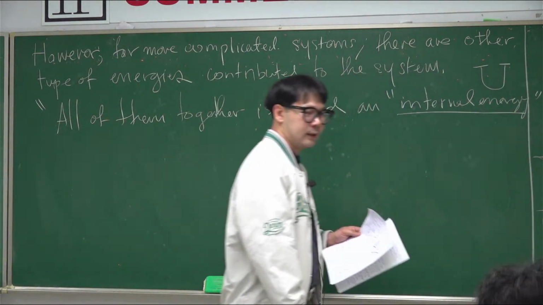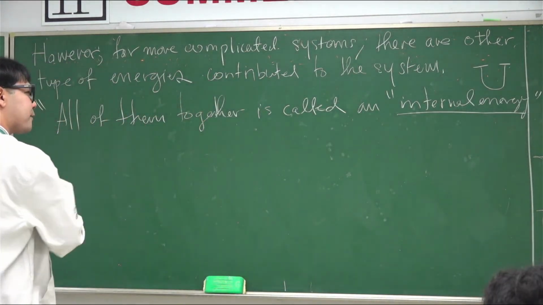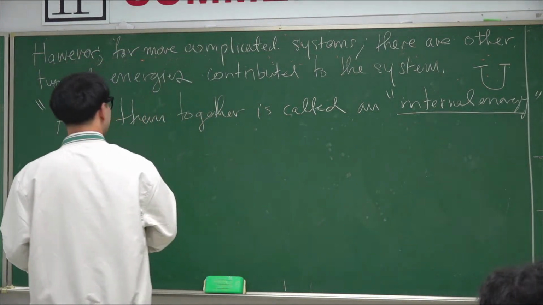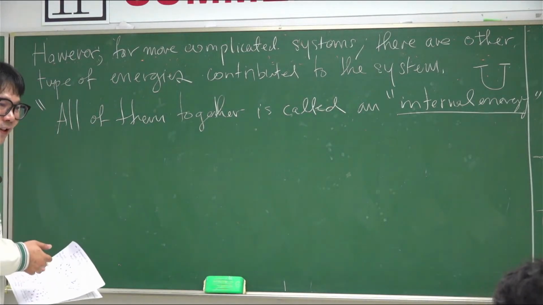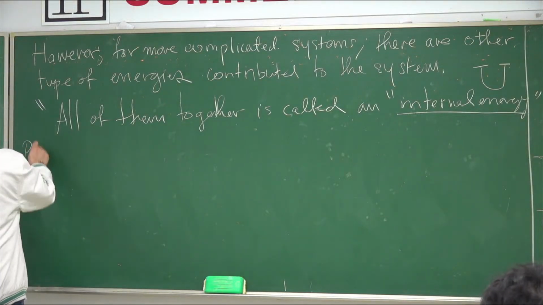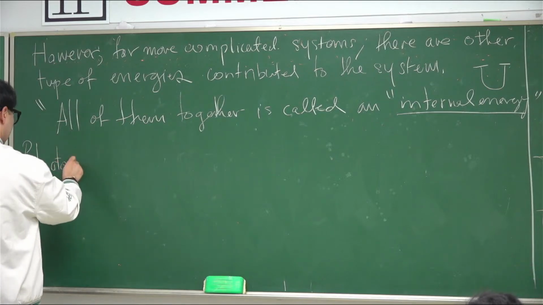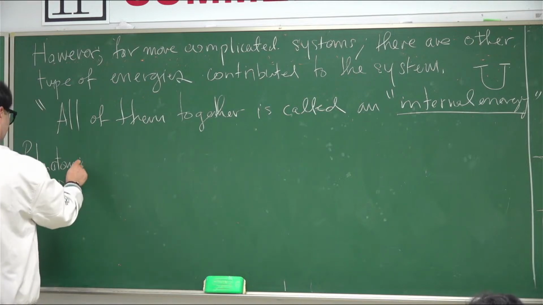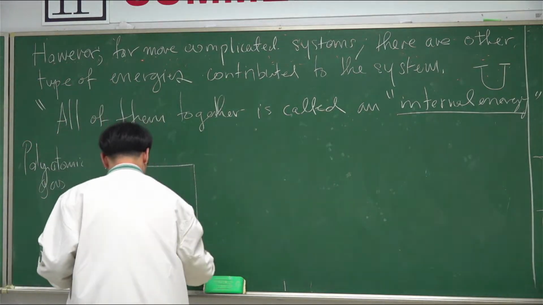U, right? So the definition from this perspective of the internal energy is every type of energy that actually exists in your system. Okay, so for example, look at a polyatomic gas. So you have a box again.